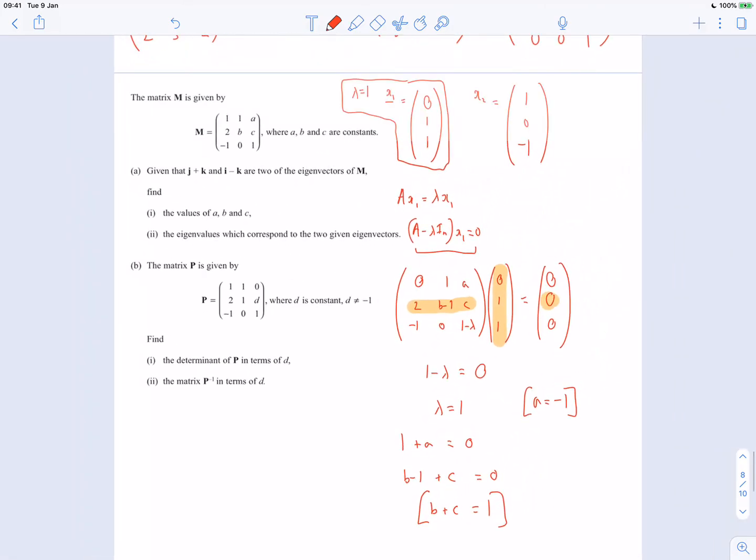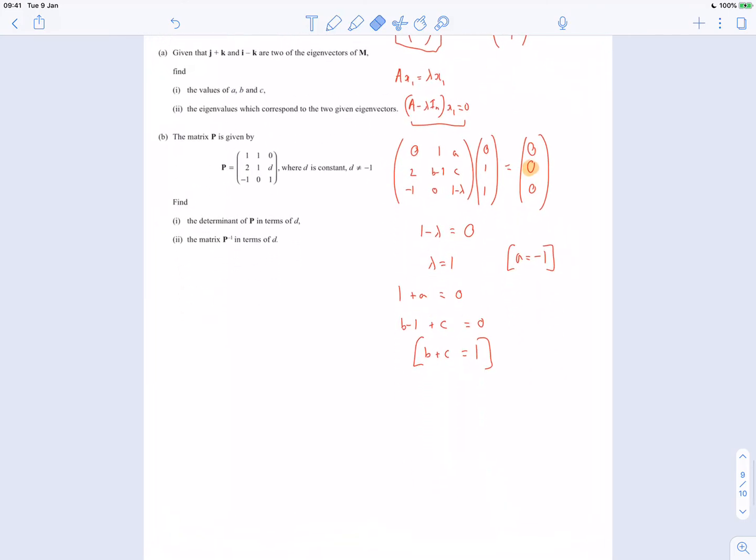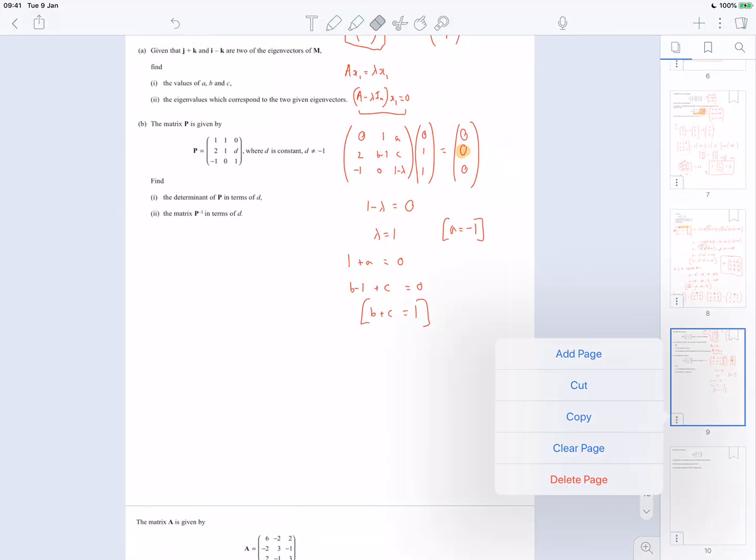And now we can use the fact we've got another eigenvector and we can work out its corresponding eigenvalue to deduce other things. So let's do that maybe. I'm definitely going to be needing more space.